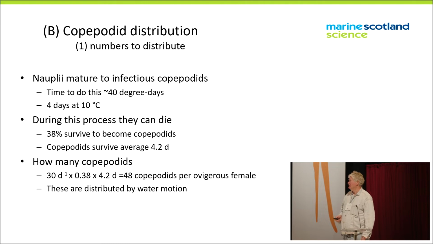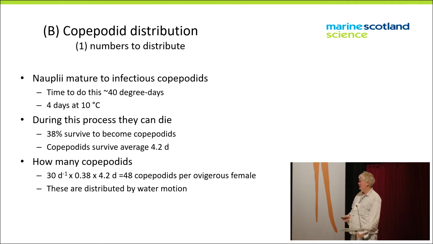The second step is your copepodid infectious pressure distribution. The nauplii take about 40 degree-days to mature, as has been mentioned, so it's 4 days at 10 degrees centigrade, during which time there is mortality.